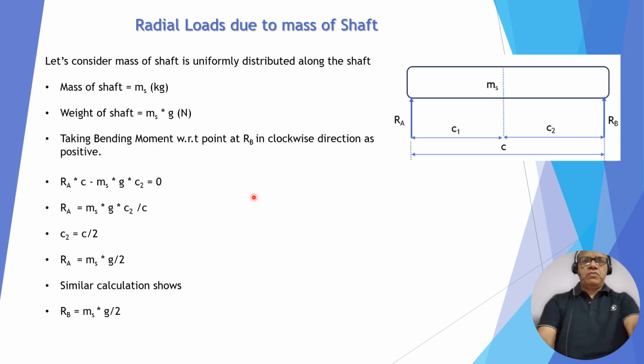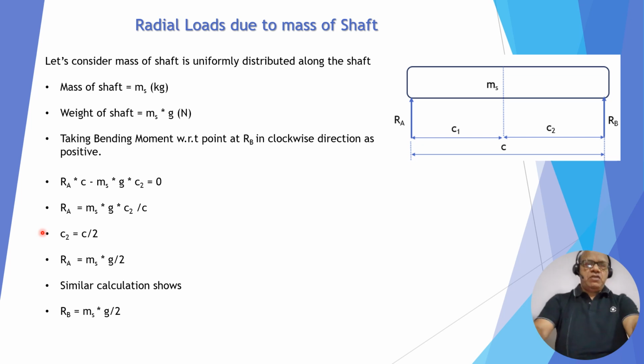Radial force due to mass of the shaft. Let's consider the mass of the shaft, which is uniformly distributed and resting between bearing A and bearing B. The center distance between bearings is C, and this is distance C1 from A and C2 from B. The mass of the shaft is ms kg and the weight of the shaft will be ms into g Newton. Taking the bending moment with respect to bearing B, clockwise positive: Ra into C minus ms into g into C2 is 0.